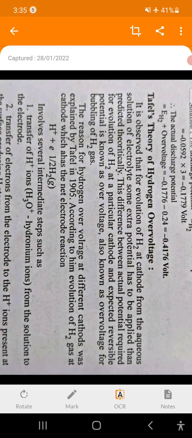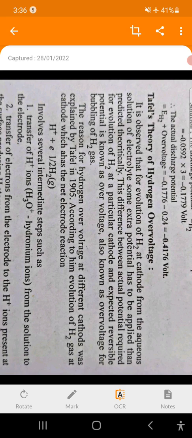Overvoltage is nothing but the difference between the actually required potential for discharge of gases or metal atoms on the respective electrodes and the theoretically calculated discharge potential, that is the decomposition potential, for evolution of gases or deposition of metal ions.